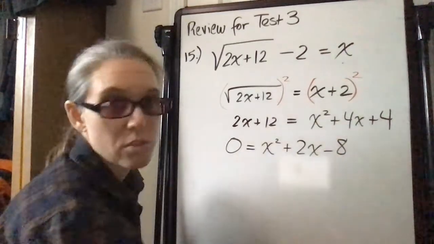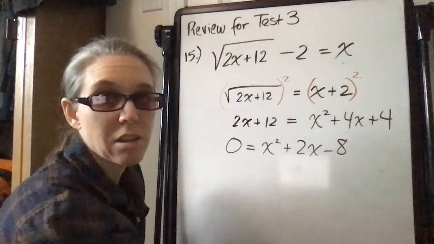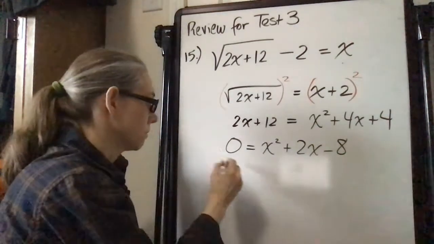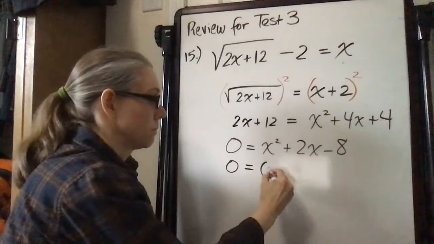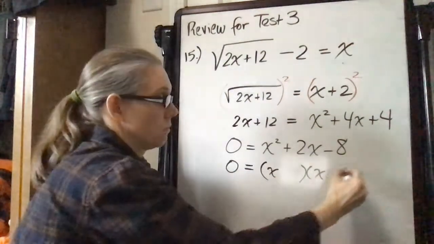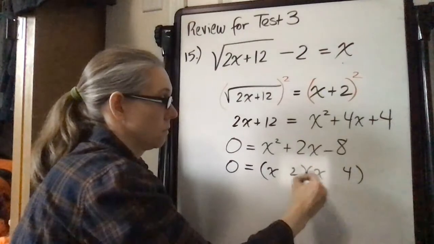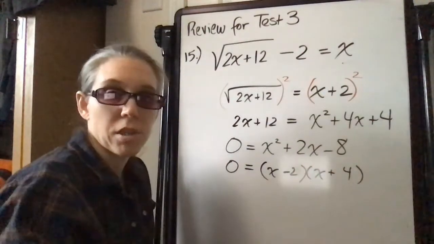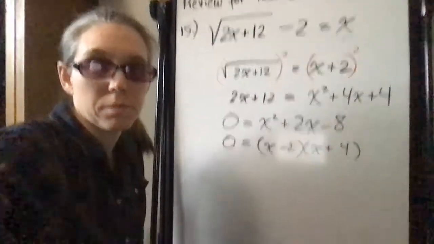We solve the quadratic equation by getting everything on one side, and then we use the zero factor property.